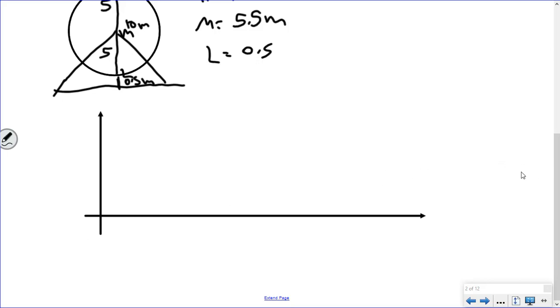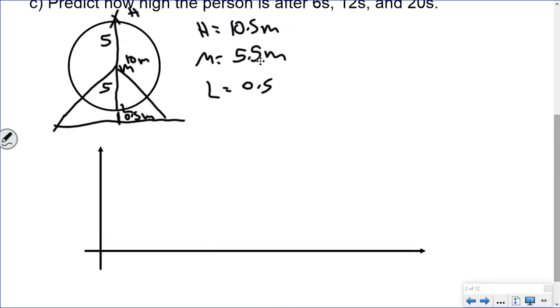And then the maximum height our Ferris wheel goes up to is 10.5. So if I went 1, 2, 3, 4, 5, 6, 7, 8, 9, 10, and then a little bit further, up to 11. Those aren't really spaced out very well.